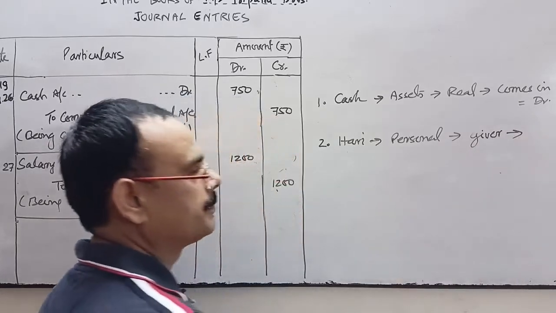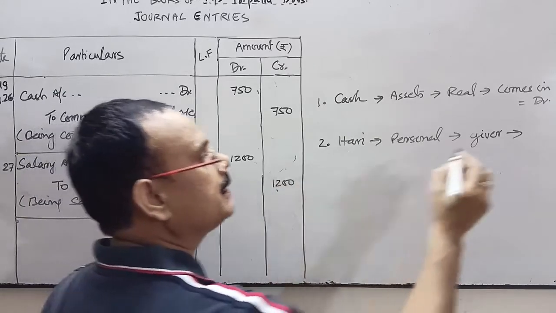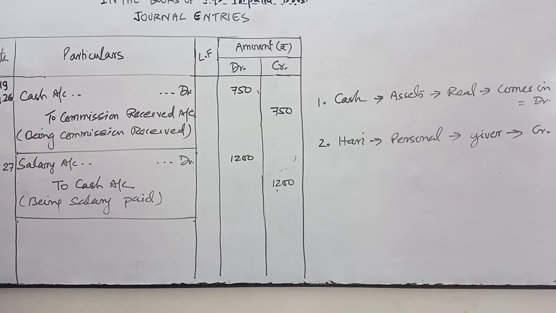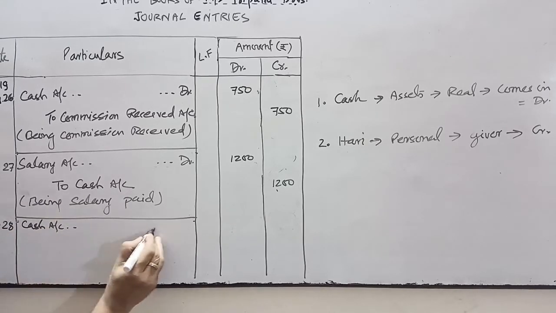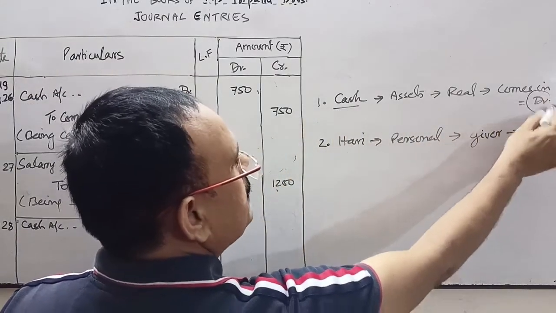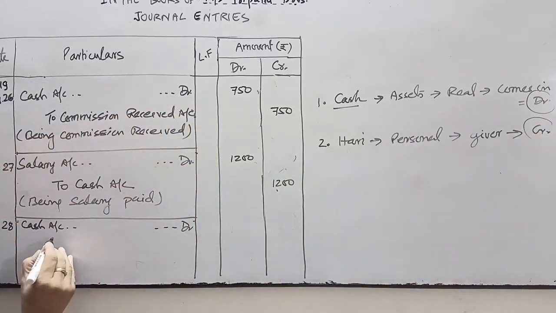And the rule of personal account: debit the receiver and credit the giver. Giver will be credited. So write the date of this transaction. Transaction date is 28. Thereafter you write the cash account debit. Cash is on debit. So Hari account will be credited.